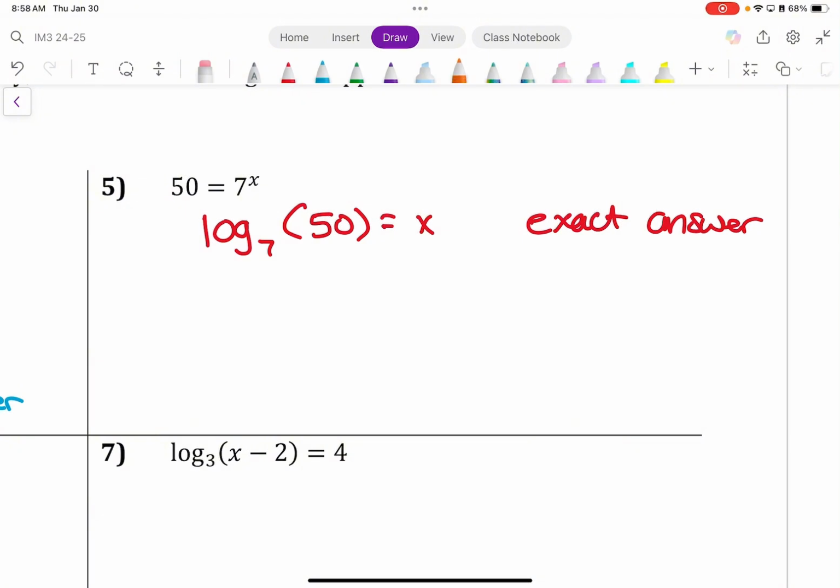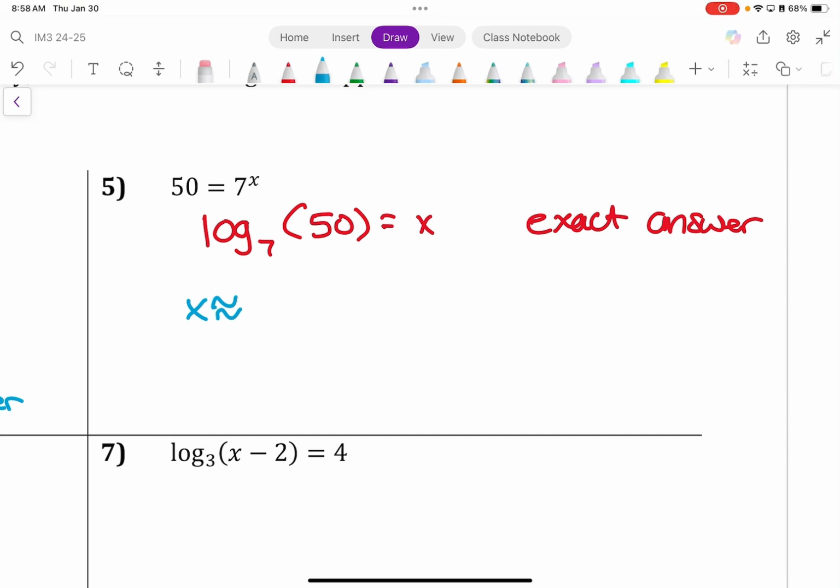Let's go ahead and solve this, put in the calculator to get our approximate answer. If you haven't already, please do it at this time. Type in log base 7 of 50 into your calculator. And once you have it, just give me a thumbs up.